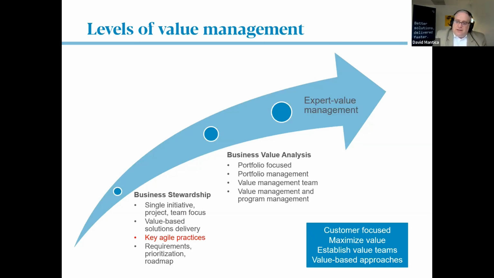So at different levels, you're going to go to a different depth. At the business stewardship level, that's where we're just working. We're doing our job, we're working away, we're making things happen, all's good, and we're figuring out where our value points are in the work that we're doing.